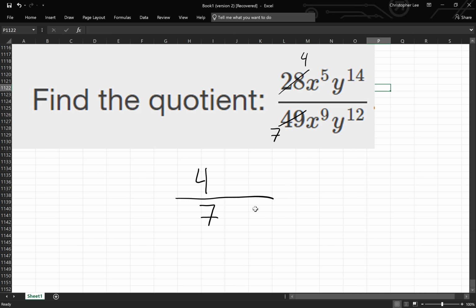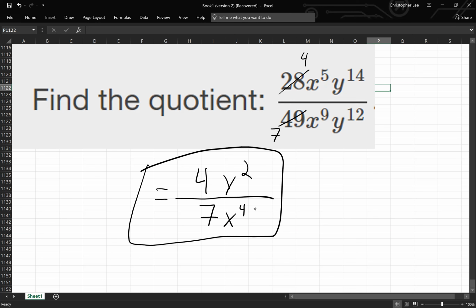X to the 5 divided by x to the 9 becomes x to the 5 minus 9 power. Call that -4, throw that in the denominator, x to the 4. Then we're going to have y to the 14 divided by y to the 12. That's just going to become y to the 2nd. And this will be my final answer. Questions on this? All right, let's keep it moving.